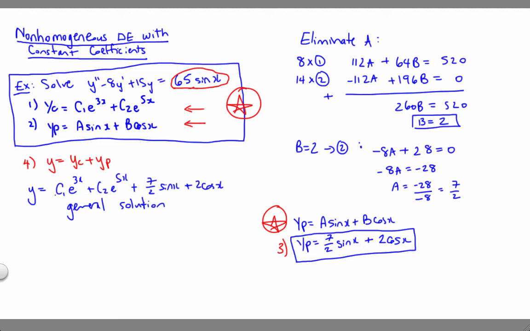So notice that the first part of the solution has unknown constants as the coefficients here. So these unknown coefficients make sure that we're capturing all possible solutions to the DE. Whereas notice that the second part here, the part coming from yp, has very specific coefficients.